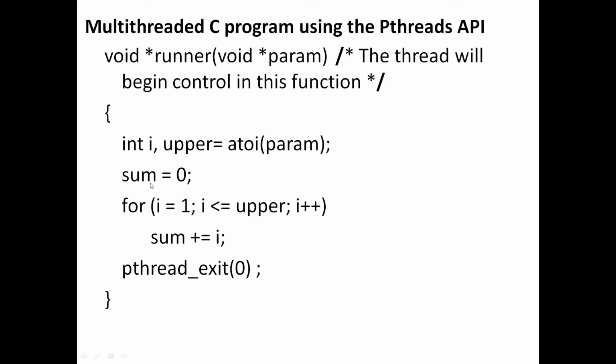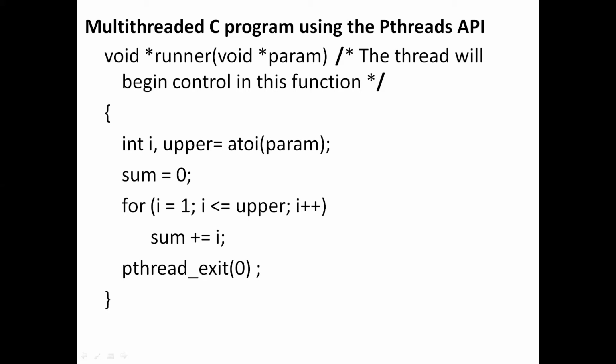Here the first statement in this function is int i. We are declaring a variable called i here, and we have declared another variable upper equal to atoi of param. For this runner function we have a parameter called param.